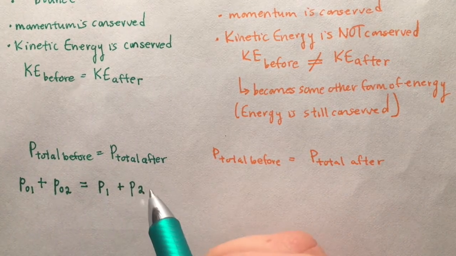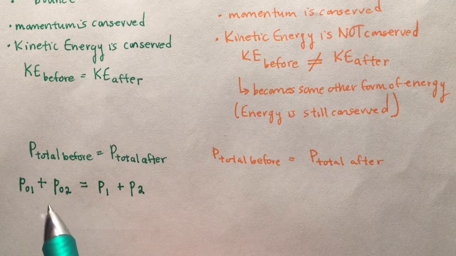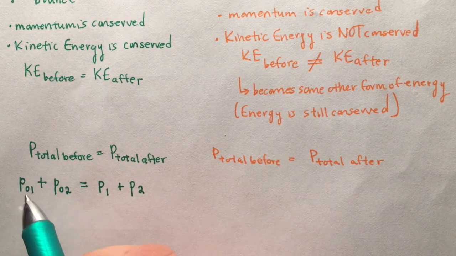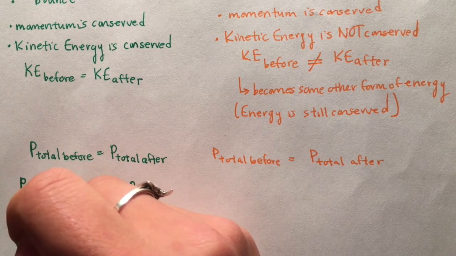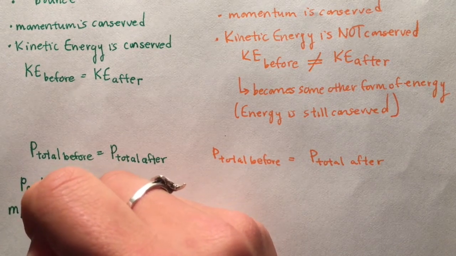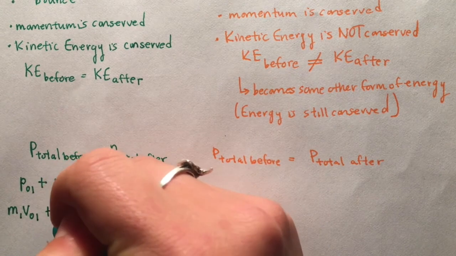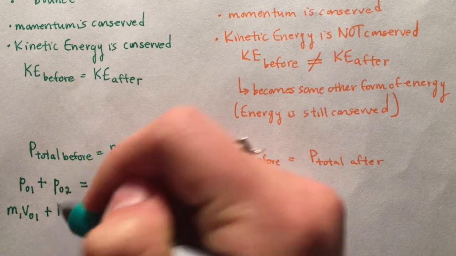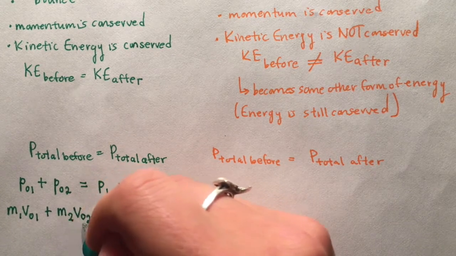Now let's break this down further. Remember, momentum is mass times velocity. p01, the initial momentum of object 1, can be written as m1, the mass of object 1, times v01, or the initial velocity of object 1, plus m2, mass of object 2, times the initial velocity of object 2.